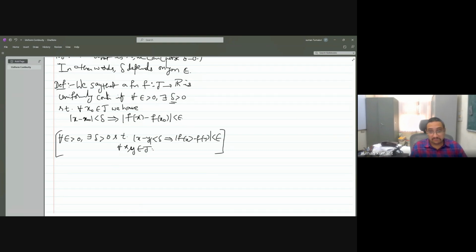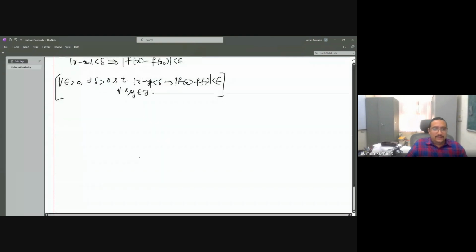I'm not pinpointing individuals in the audience, but mostly students tend to learn this by heart and then try to prove results or learn results by heart. No, you should not do that. Understand what the definition is, and then things follow immediately.